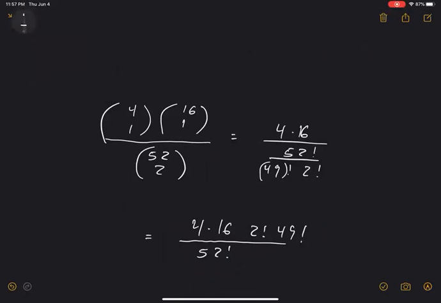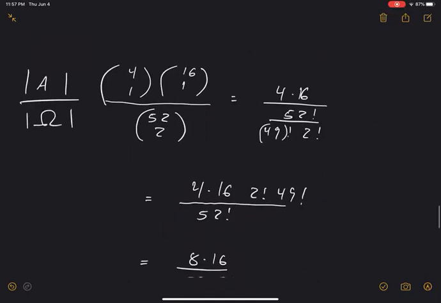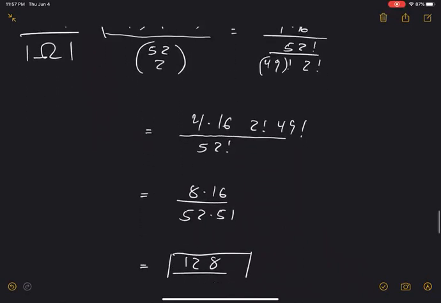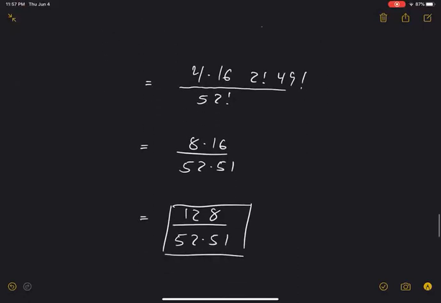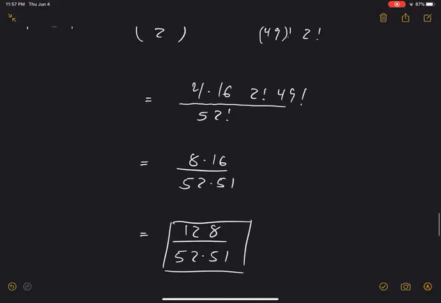So the numerator gives me the cardinality of A, and the denominator gives me the cardinality of omega. These tools from combinatorics are just giving us ways to compute these cardinalities, which gives us our probability measure. And we see the answer is equivalent.